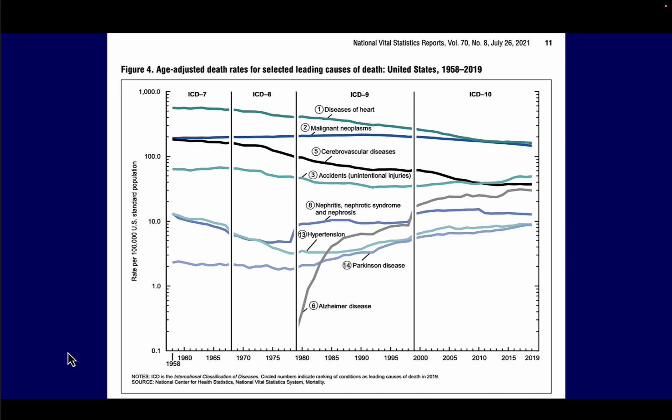In most instances, these revisions didn't necessarily affect the trends too much, but sometimes, as is the case with nephritis, nephrotic syndrome, and nephrosis, and also Alzheimer's disease, you can see that changes to the ICD classification system resulted in some jumps in the trend. And this is presumably because we're better at understanding more about these conditions, and the classification systems are becoming more refined at classifying deaths appropriately.